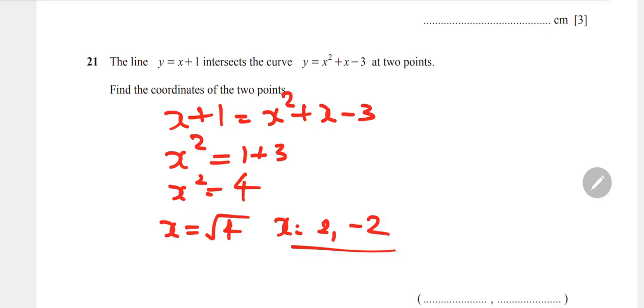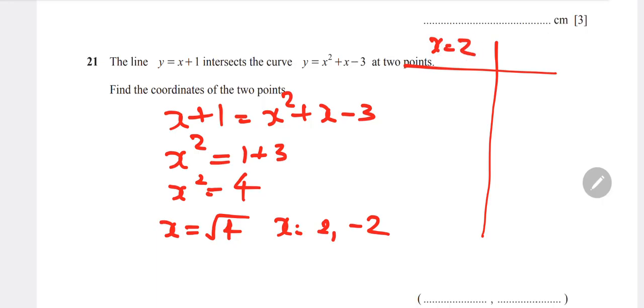Let's take one time when x is equal to 2. So when x is equal to 2, y is 2 square plus 2 minus 3, y is equal to 4 plus 2, 6 minus 3, which is 3.